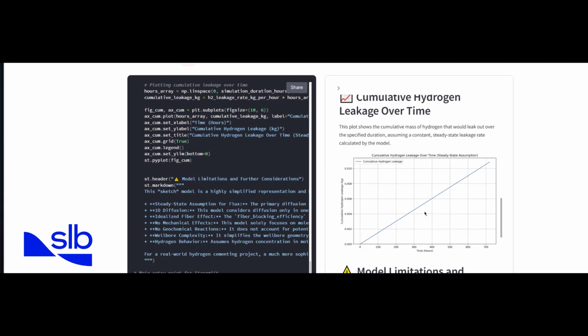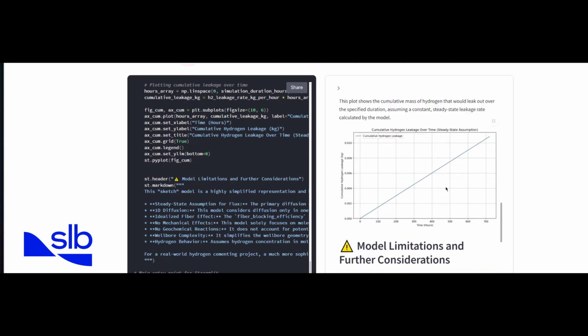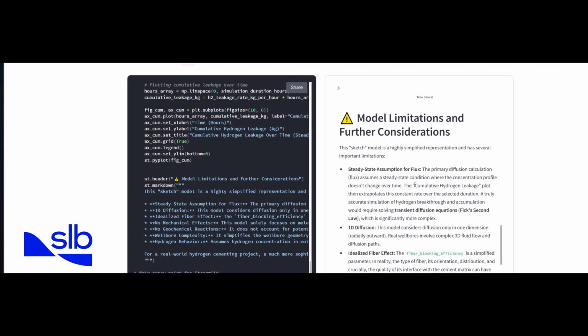We are evaluating this reservoir, but we need to simulate this model. Model limitations and considerations: we have a 1D diffusion model, considering only the one-dimensional radial outward direction. Real wellbores involve complex 3D fluid and diffusion paths.